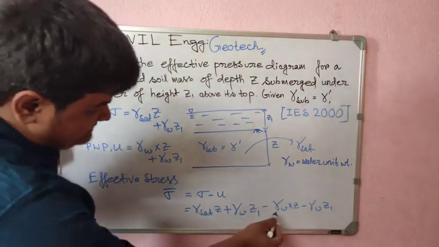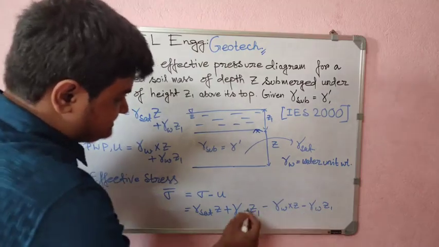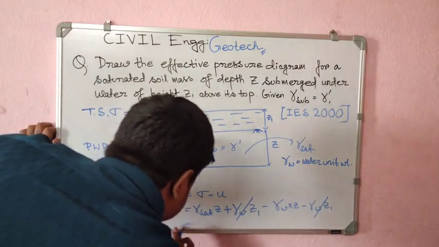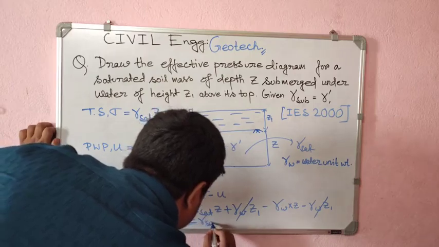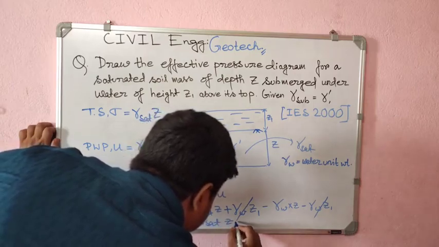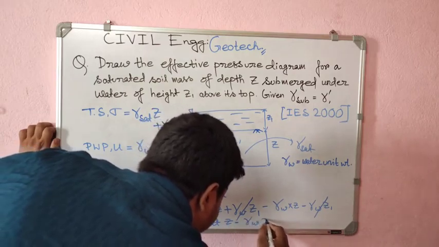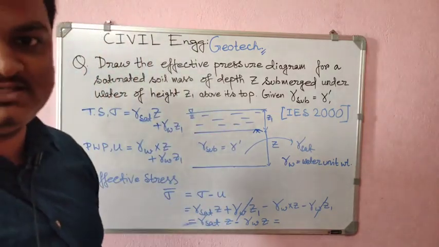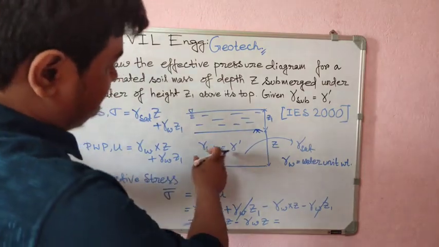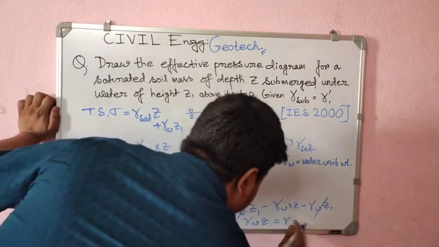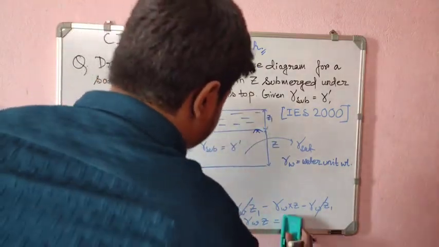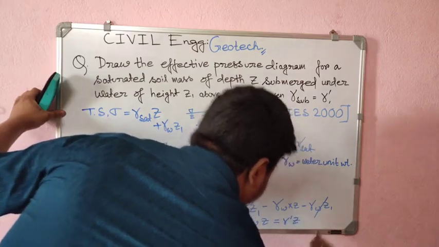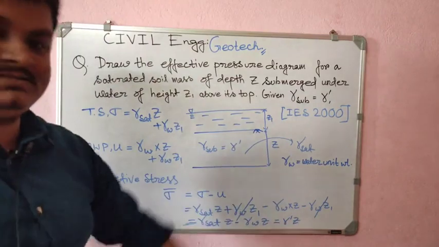So what we are getting is that this one and this one get cancelled. It remains gamma sat into z minus gamma w into z, and we know that gamma sat minus gamma w is the submerged unit weight of the soil. Here it is given as gamma dash, so it will be gamma dash into z. So this is our effective stress.